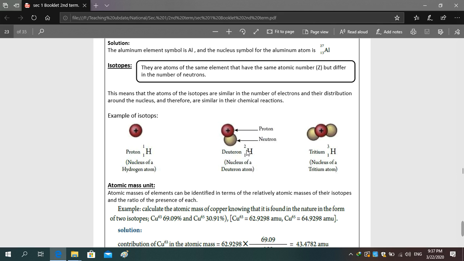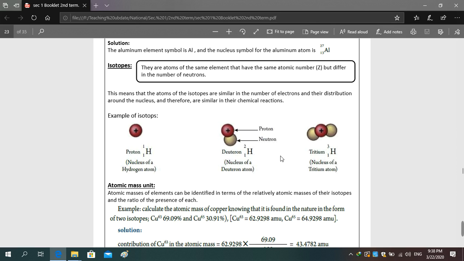As I told you, the neutrons are calculated by subtracting the atomic number from the mass number: 2 minus 1 equals 1 neutron. The third isotope of hydrogen, called tritium, has 1 proton and 2 neutrons: 3 minus 1 equals 2.